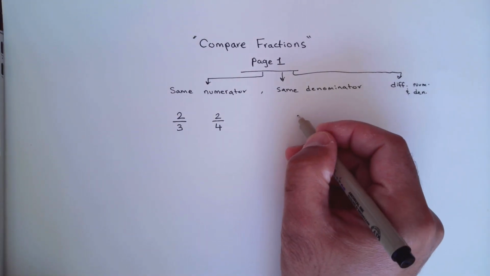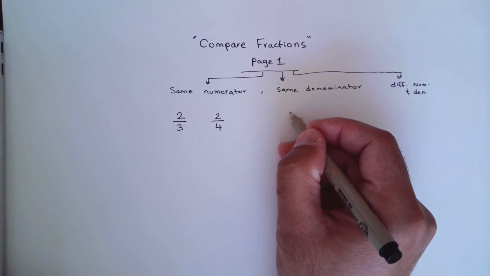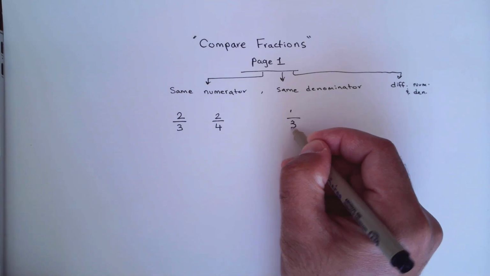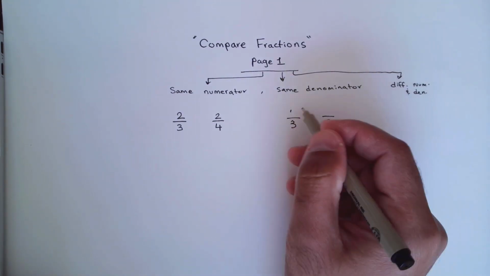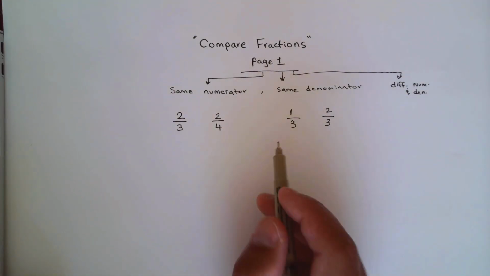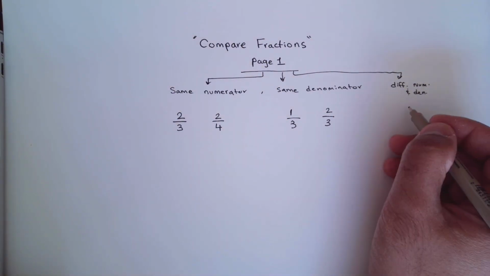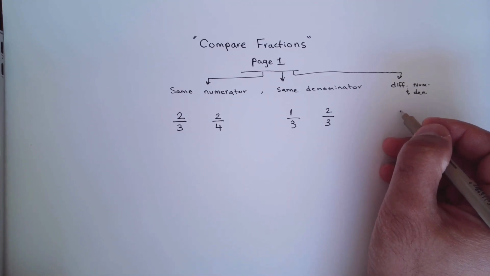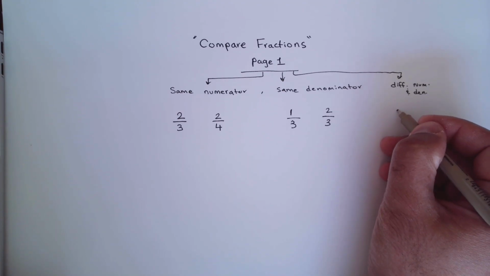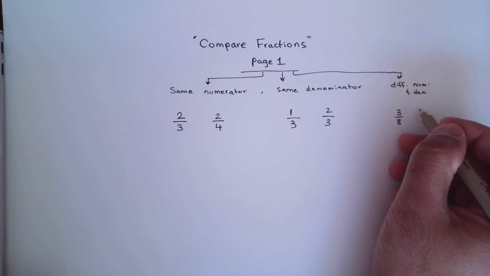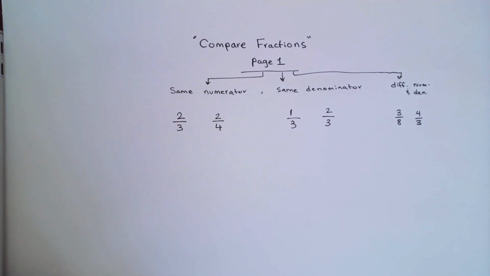And then here we have same size, but different quantity, different number of pieces. And maybe we'll have something like this. We have 3/8 and 4/3, let's say. Okay?